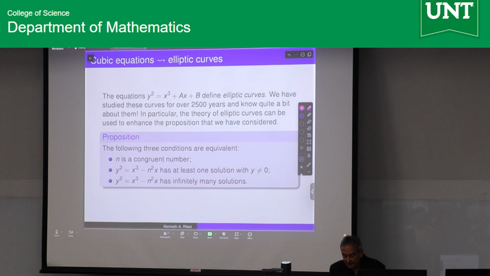And of course, the converse is clear: if it has infinitely many, it has at least one. You don't need a lot of the theory of an elliptic curve in order to prove this, but you have to know at least something that I hope to explain to you in the next few minutes.